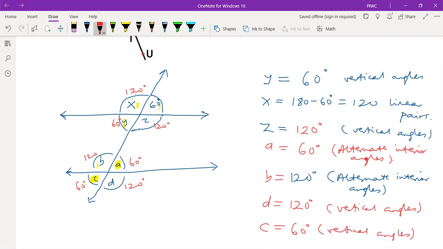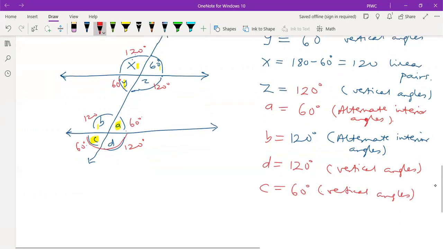I could also have looked at this in terms of linear pairs, C and D, linear pairs. So if this is 120, if I subtract from 180, I'll get C. All right. So these are how you can use the different properties to answer questions on parallel lines. Okay.